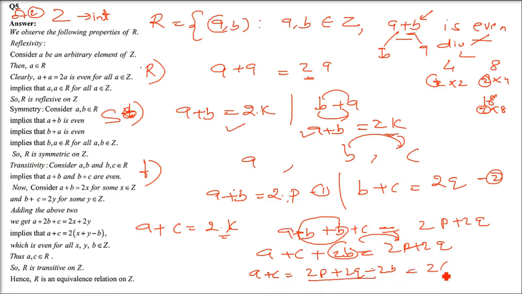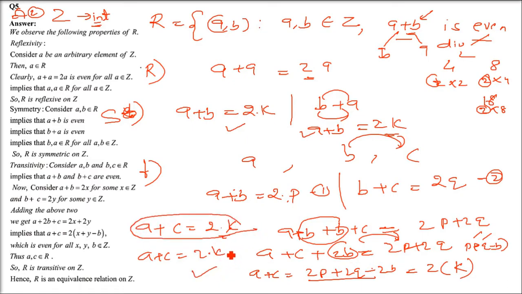Now you can take 2 common. Whatever is inside, we don't worry. p plus q minus b, we are not worrying about this. We are worrying that it is 2 into something. So we know that a plus c is even because it is a multiple of 2 and something. I hope you got the idea. a plus c is 2 into something. The something is p plus q minus b. So it is transitive also. So this is an equivalence relation on this set Z.